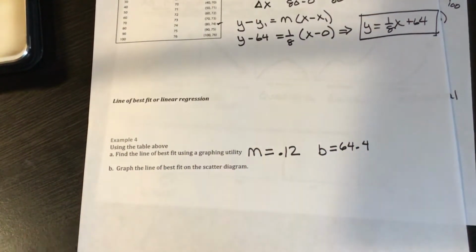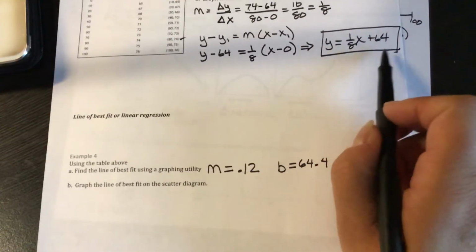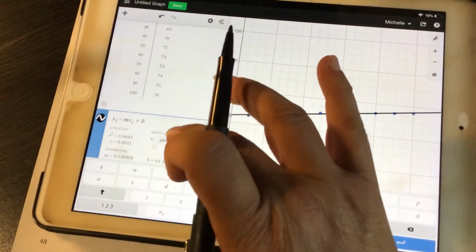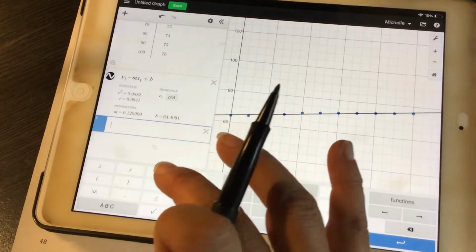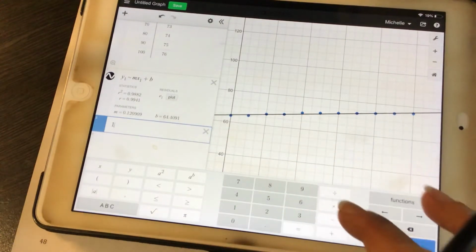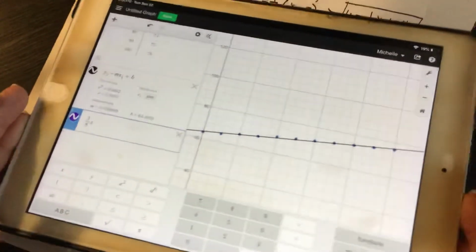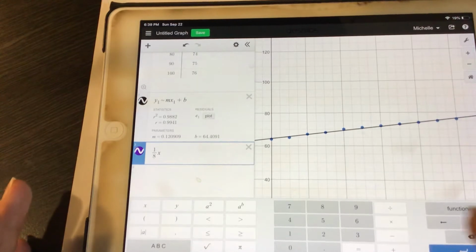All right, so on Desmos, I'm also going to graph the line of best fit that we found. That was 1/8 x plus 64.